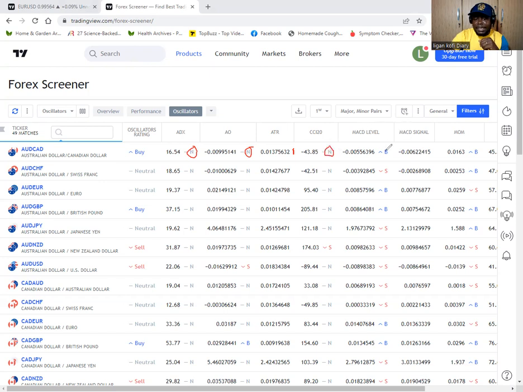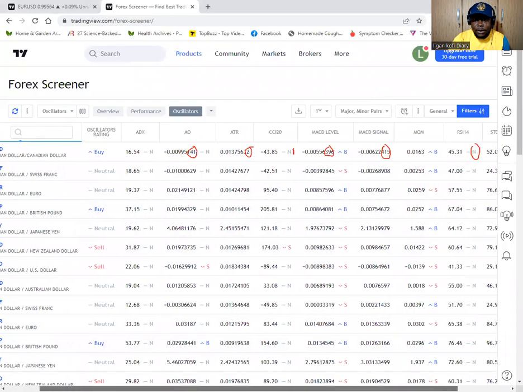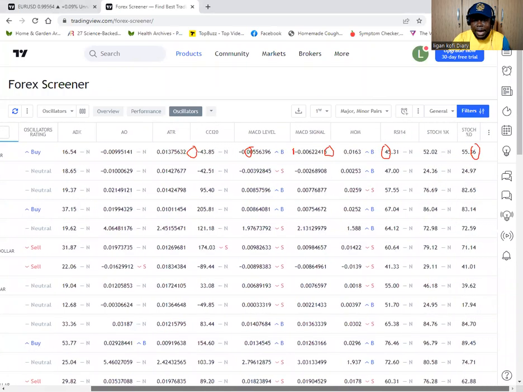We have the MACD level giving you a B, which is buy, and then the MOM, which is also on buy. I'm sure you can see what I am showing you. When you go on to the rest, all of them have their general screening and what they are telling you.